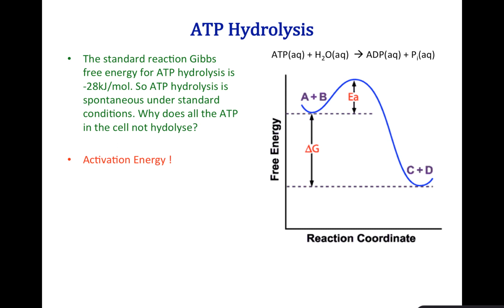So what should you do in order to reduce this activation energy? You have encountered this in biochemistry. You use an enzyme. So ATP hydrolysis in cellular systems is always coupled to an enzyme such as the sodium potassium ATPase or the F0F1 ATPase.